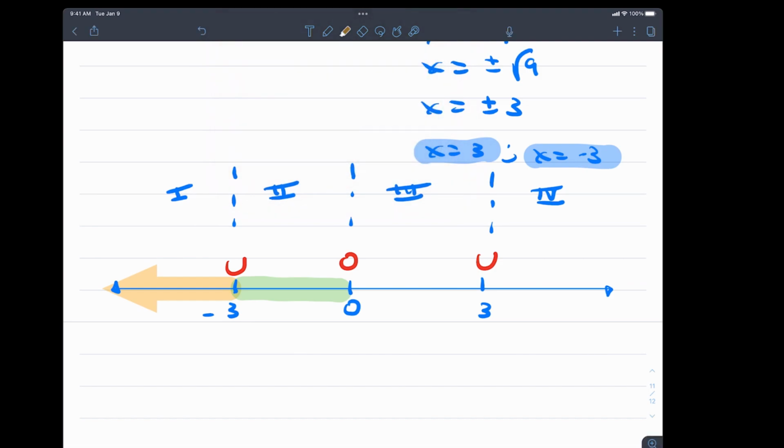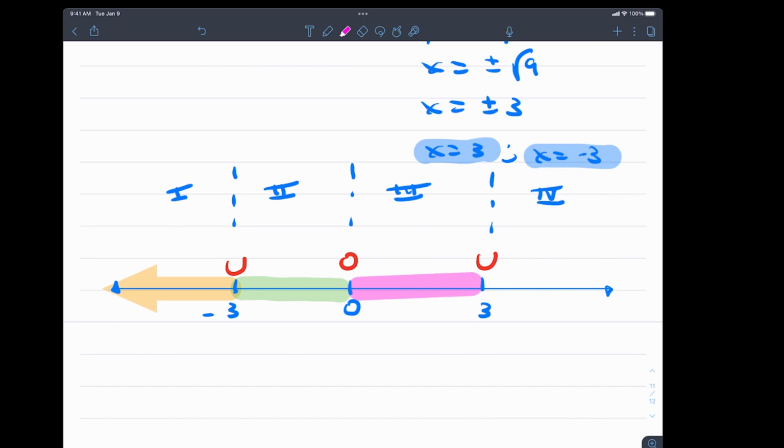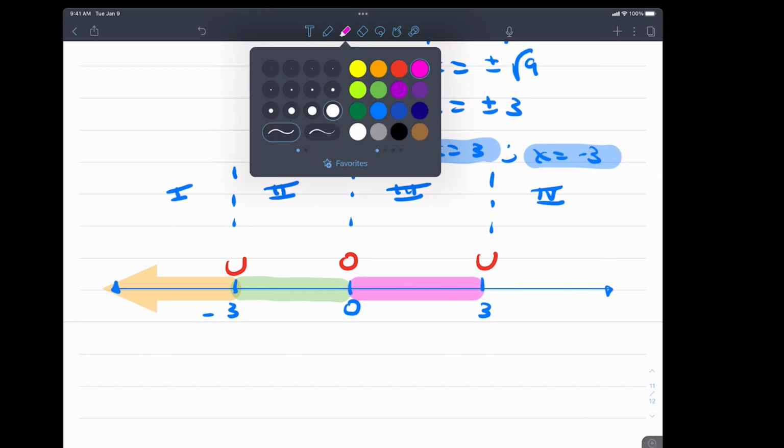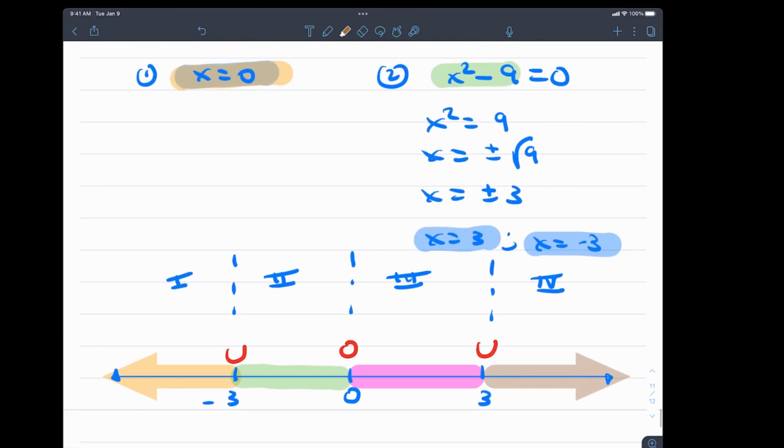Forget what color we were using for. Oh, I think maybe pink. Pink stands out. Okay, you guys see the point?